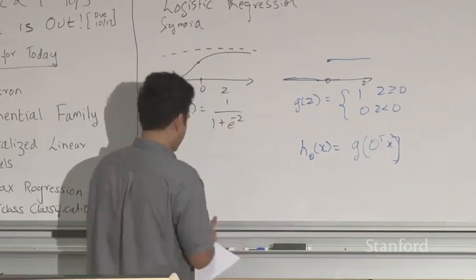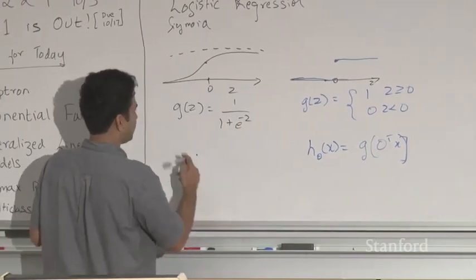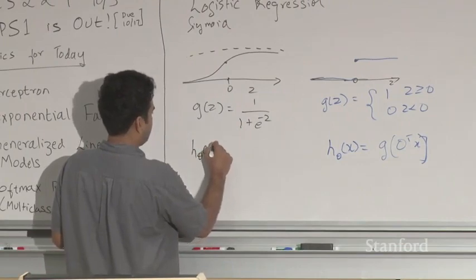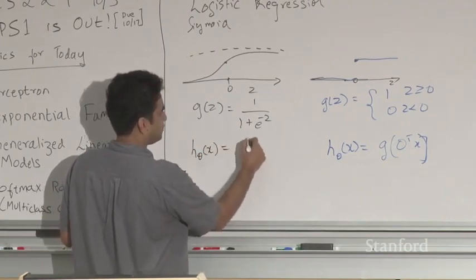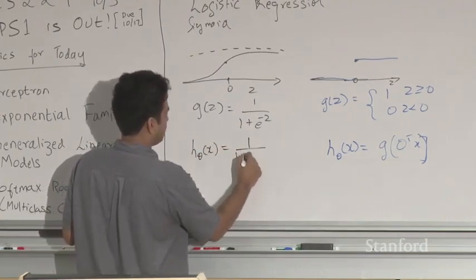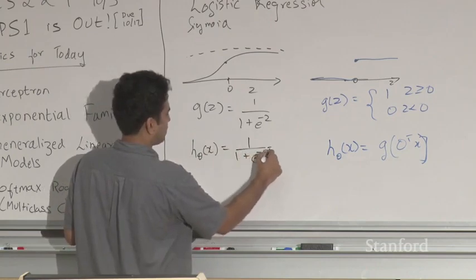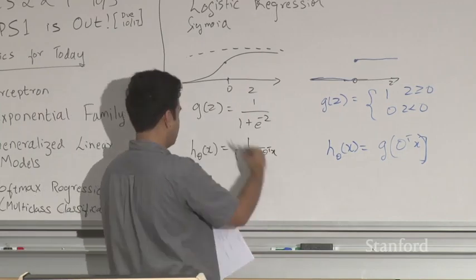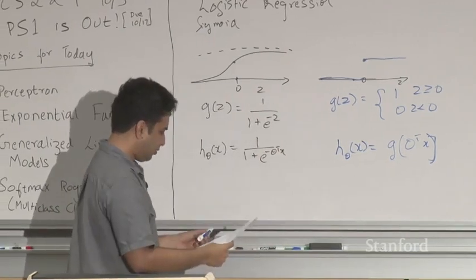And similarly in logistic regression, we had h theta of x equal to 1 over 1 plus e to the minus theta transpose x, essentially g of z, where g is the sigmoid function.